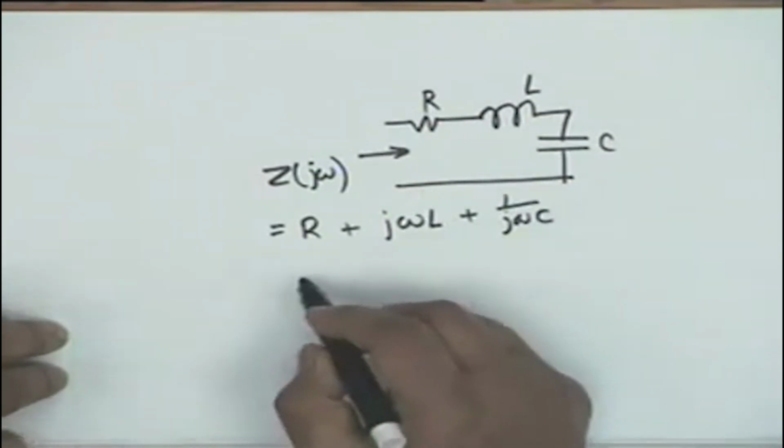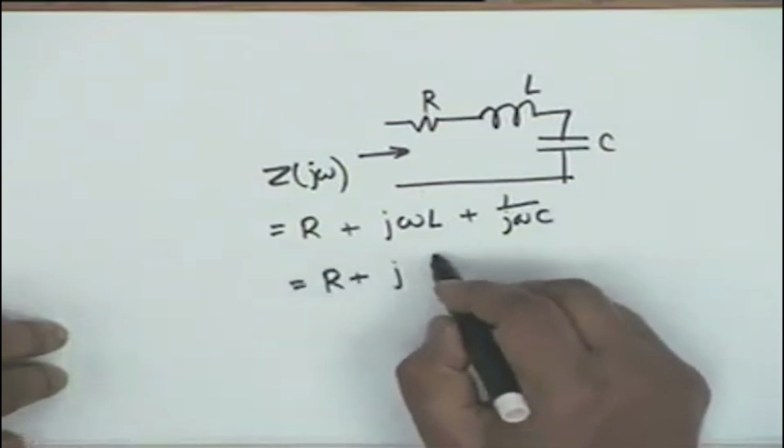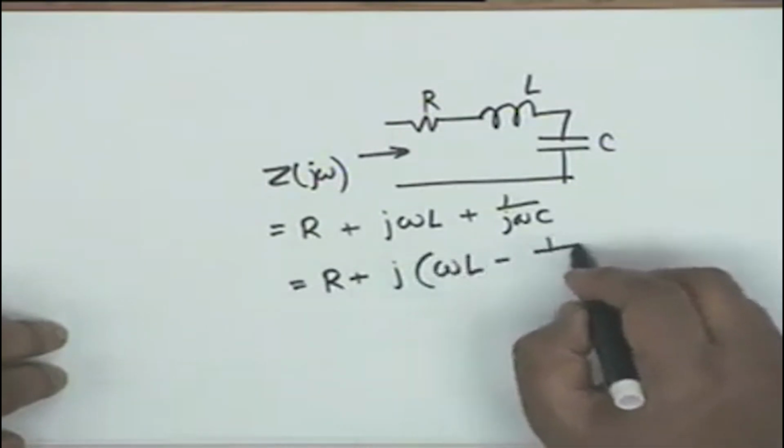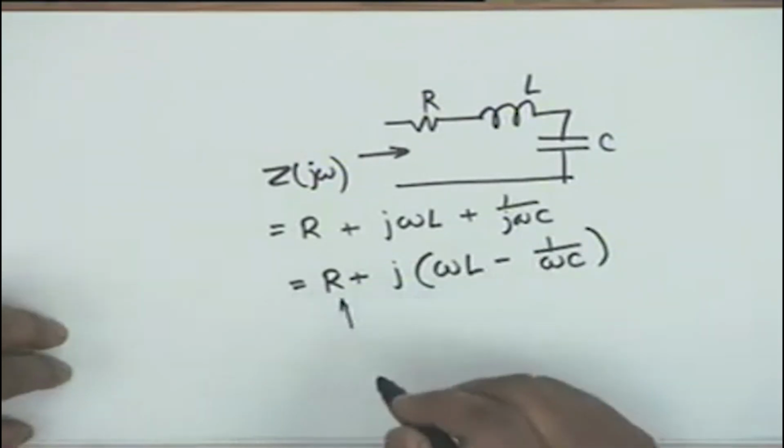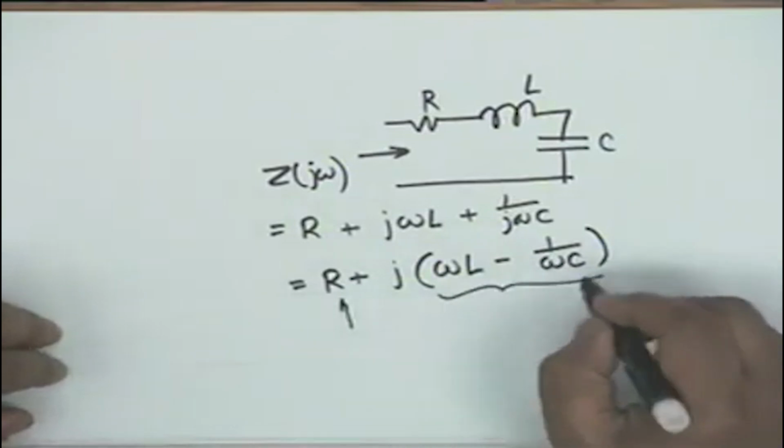This you can write as R plus j times omega L minus 1 over omega C, and then we shall call this the resistive part and this the reactive part.